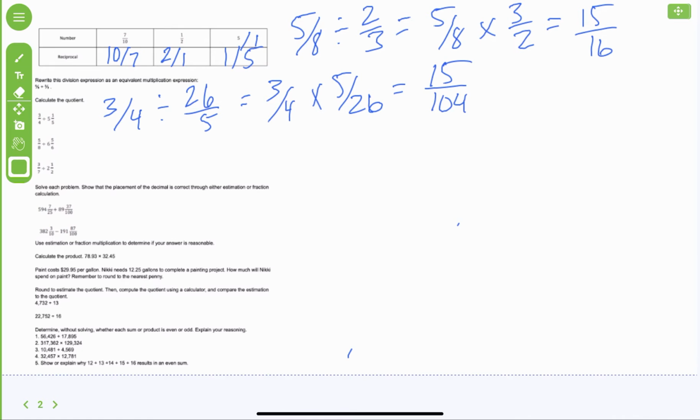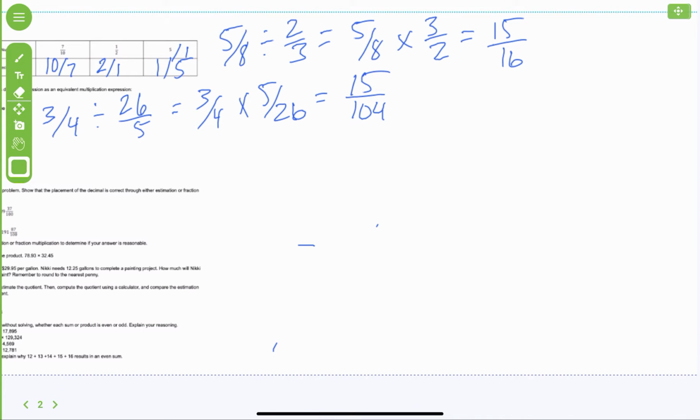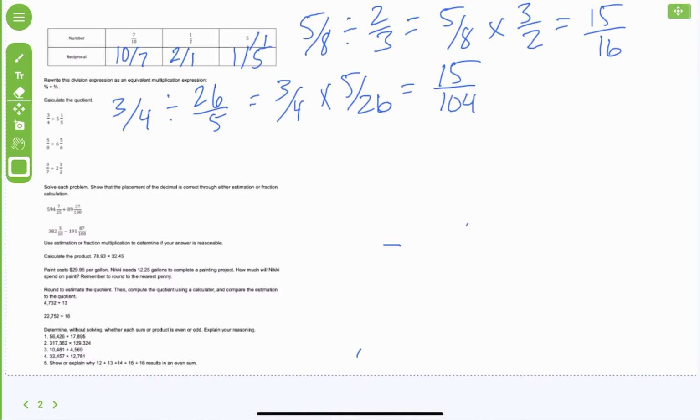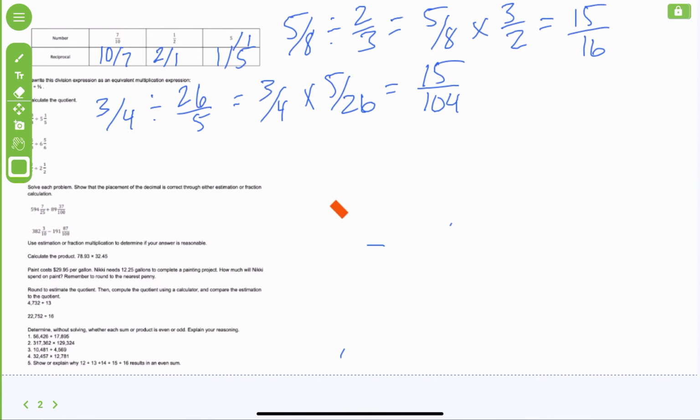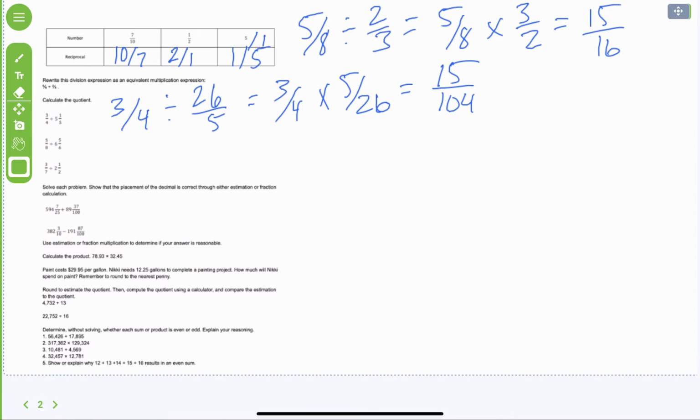Let's go ahead and change this one into an improper fraction as well. 5/8 divided by 6 times 6 is 36, plus 5 is 41/6.